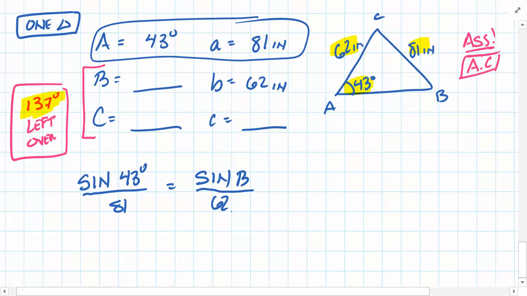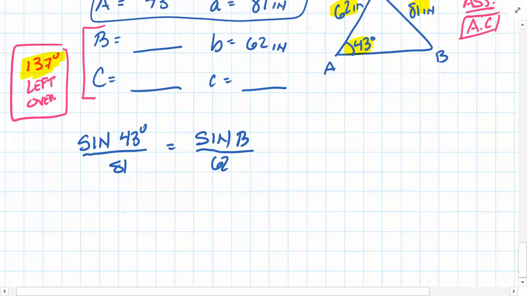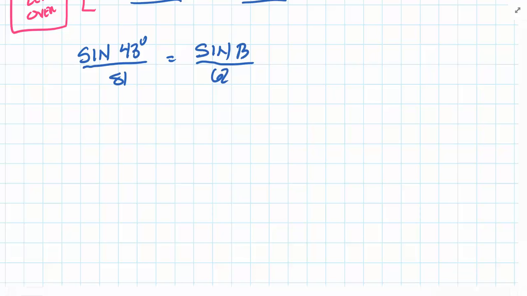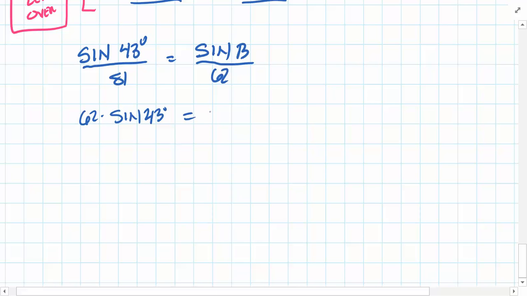What am I solving for in this proportion? Angle B. That's what I want. So I'm going to use some cross products here. 62 times the sine of 43 has to be 81 times the sine of B.